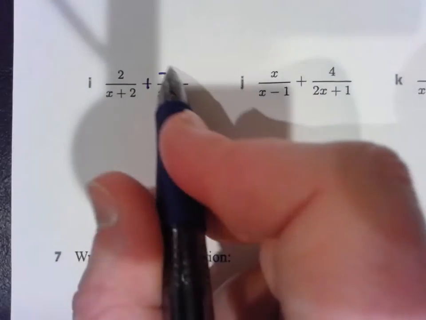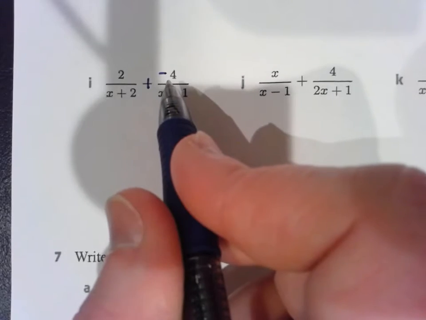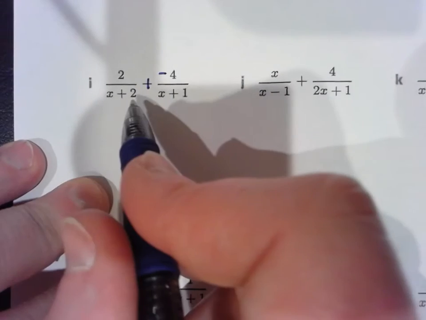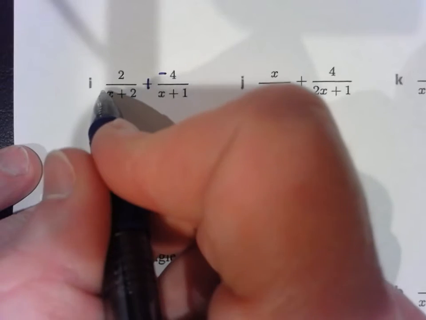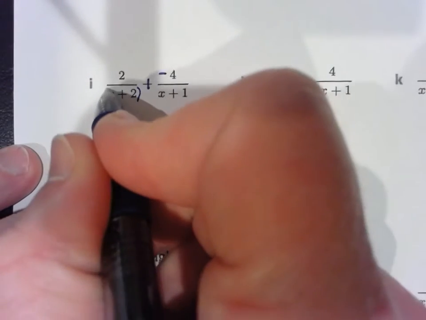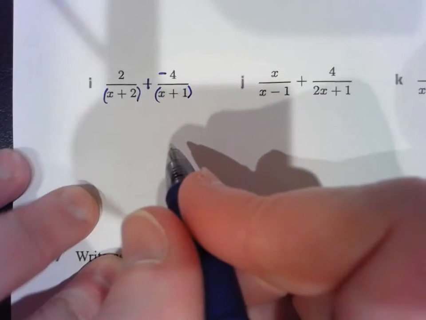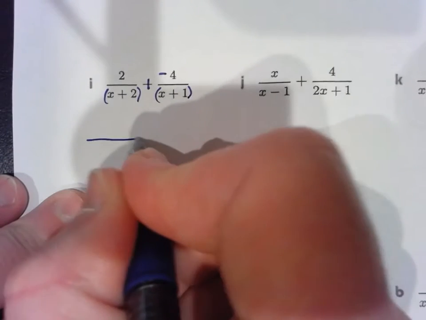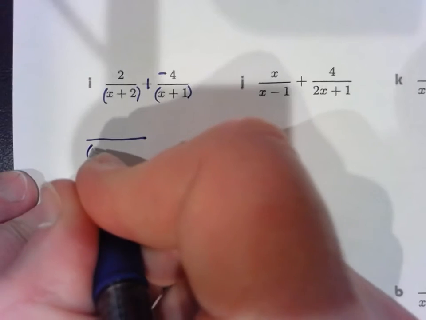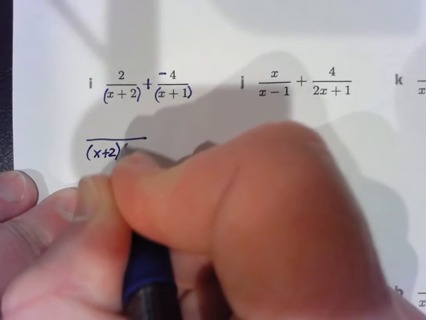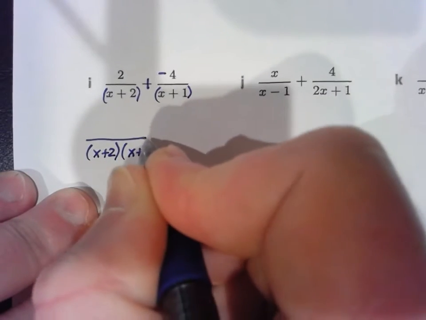So I change the sign of anything in the top of that second fraction. Now, the common denominator: I've got an x plus 2 in the first fraction and an x plus 1 in the second fraction. So my common denominator is going to have an x plus 2 and an x plus 1.